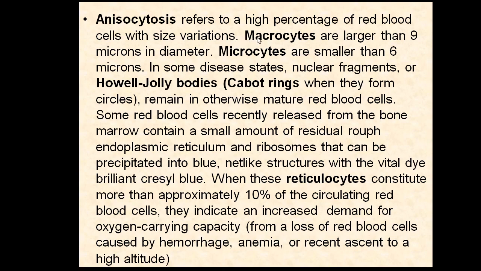If the number of macrocytes increases, it is pernicious anemia, vitamin B12 deficiency anemia. For many centuries it was a mortal situation. We can't live with large erythrocytes. They can't perform their function. And people died.